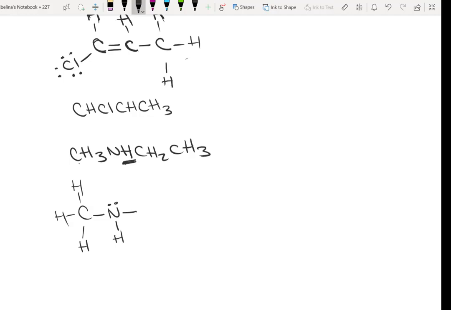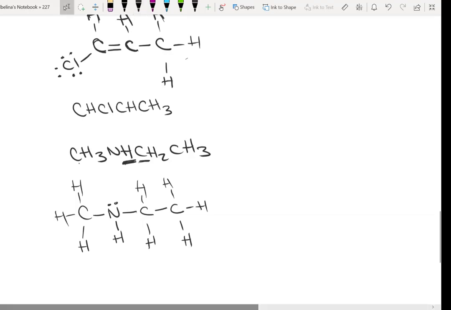The 3rd bond is going to be to this carbon here. Then I'm going to move on to that carbon and say it has 2 hydrogens bonded to it. And then the next carbon. Zero formal charge on the nitrogen because I have 3 bonds and a lone pair.